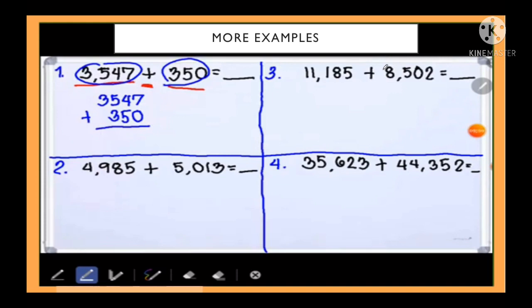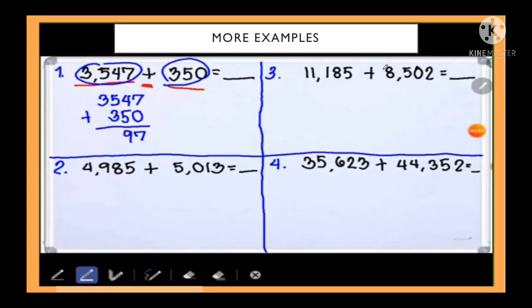Second step is we will now add each column. We will start with the ones place. Ones place, we have 7 and 0. So 7 plus 0, yes, it's 7. 4 plus 5, come on, show me the fingers. 4 plus 5 is 9, very good. 5 plus 3.